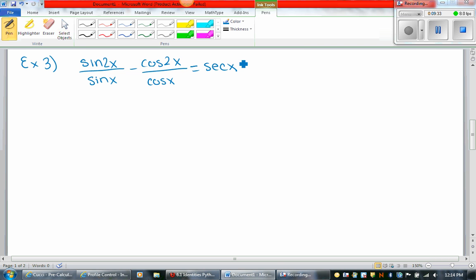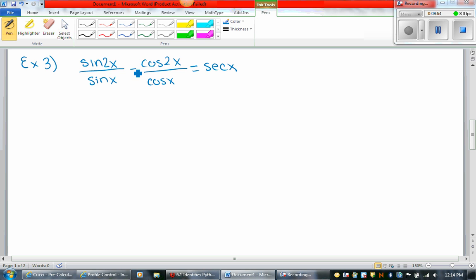Okay, so chances are the side that I'm going to want to look at is this left-hand side. So the first thought that comes to my mind is that I probably want to take these sine 2x's and cosine 2x's and substitute in their identities in order to make some headway here.